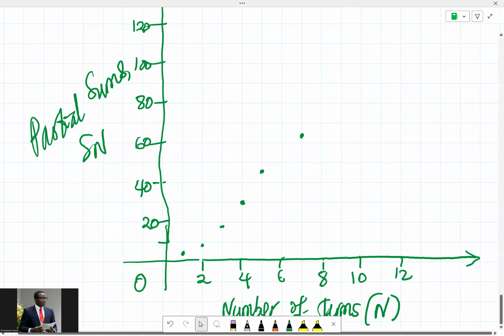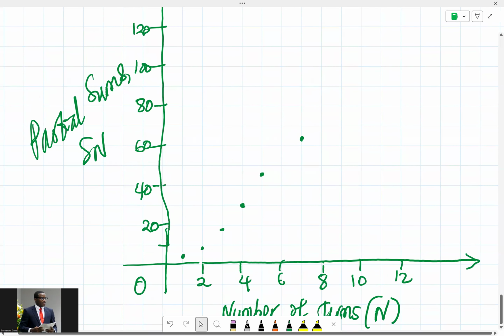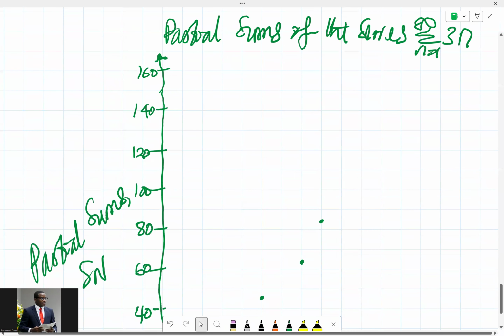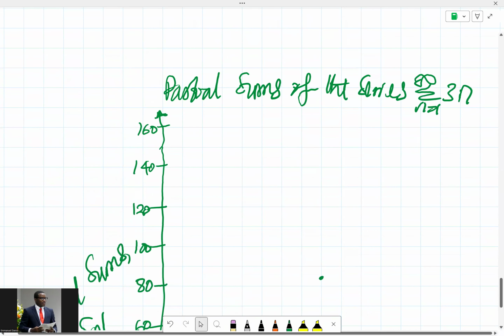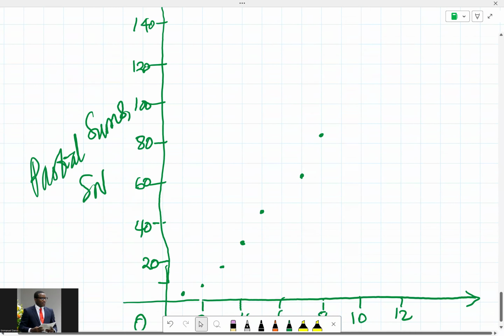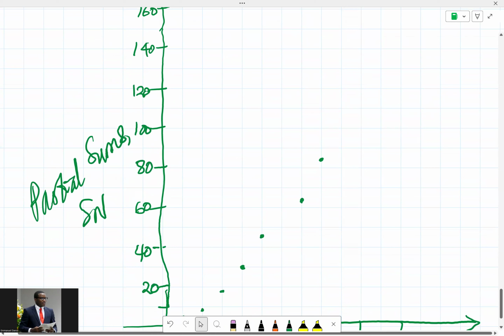So number 8 is 84. This is 90, so 84 should be somewhere around here. Then number 9, what is number 9? That's 84 plus 23, that is 107. So the ninth one is 107.